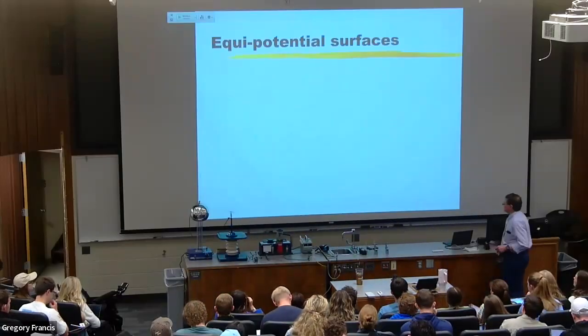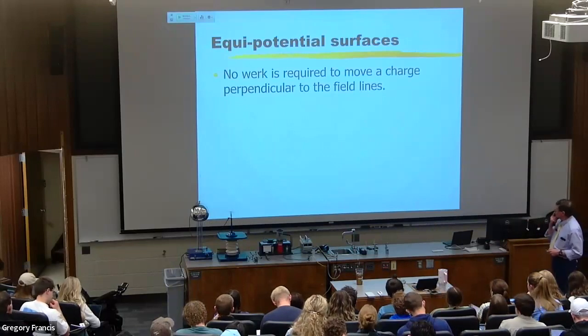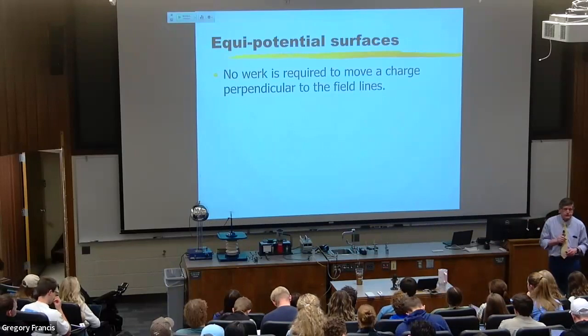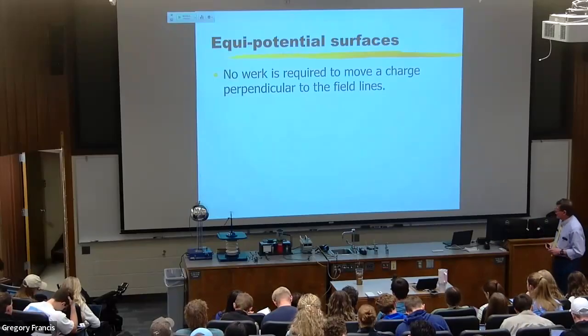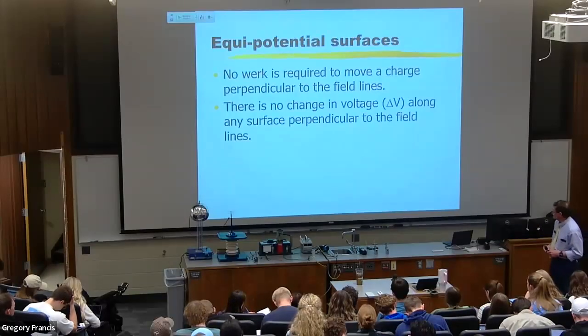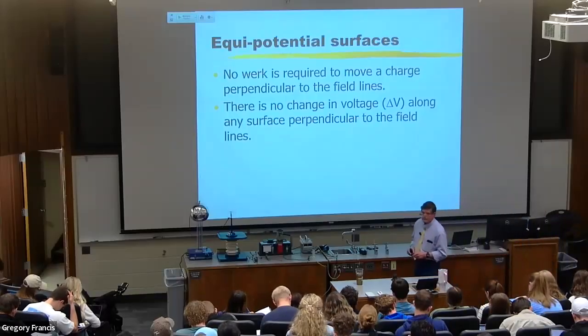So in summary, no Verc is required to move a charge perpendicular to the field lines because of our definition of Verc. And so that means there is no change in voltage along any surface that's perpendicular to the field lines.